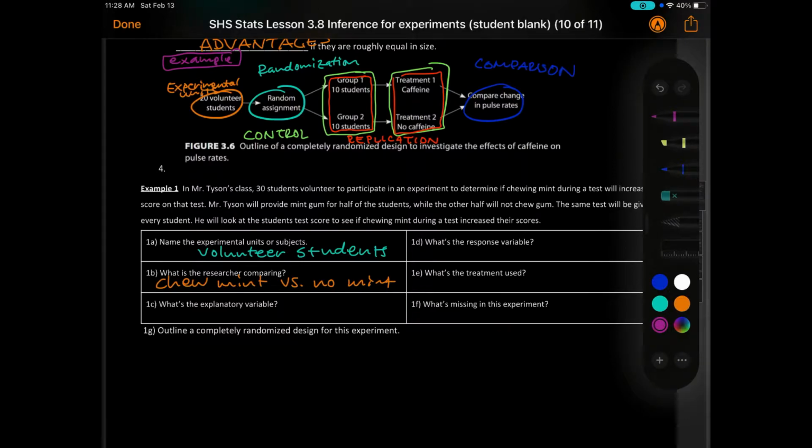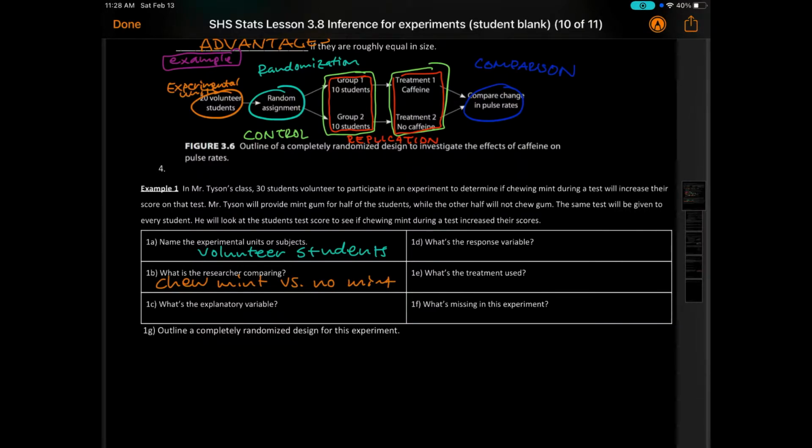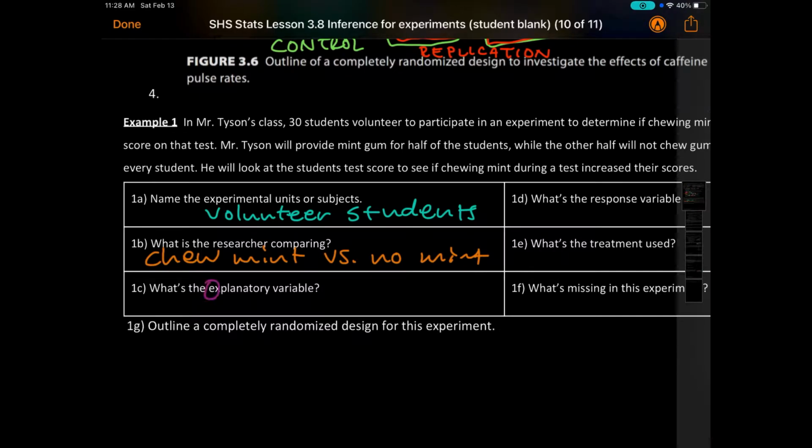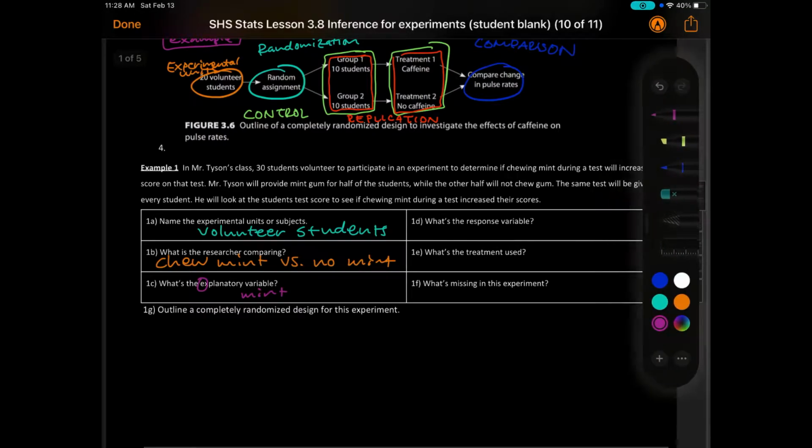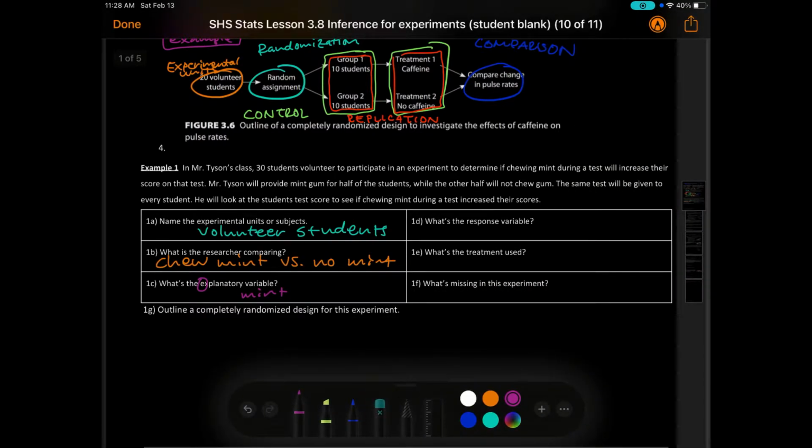What is our explanatory variable? What is explaining? It is the mint. What is the response variable? How can you see how people respond in this situation? It's going to be the test scores. Okay, what's the treatment being used?